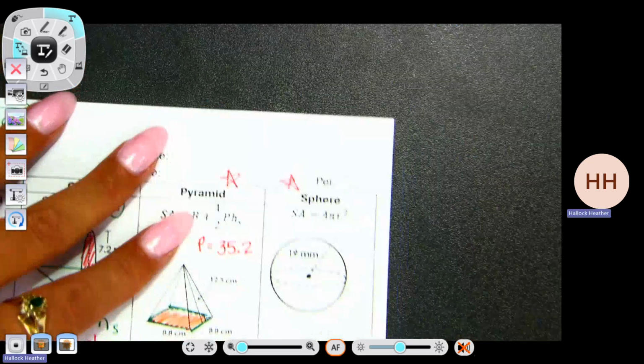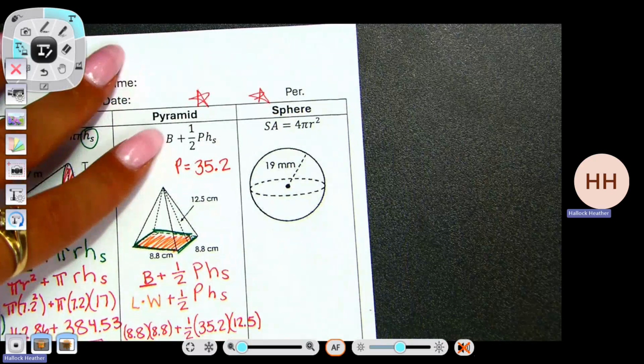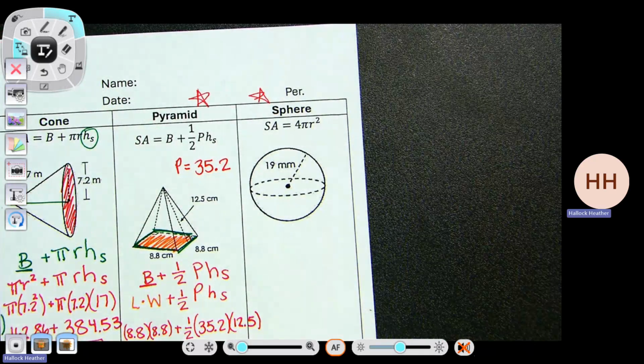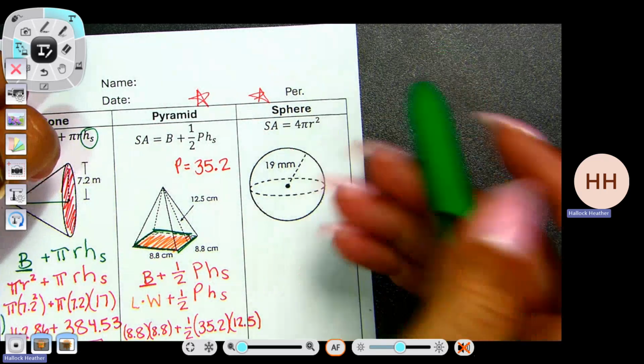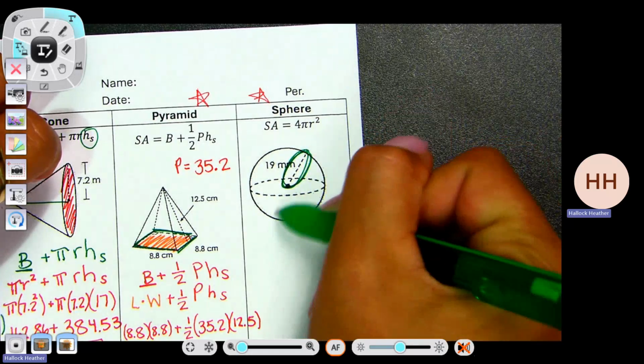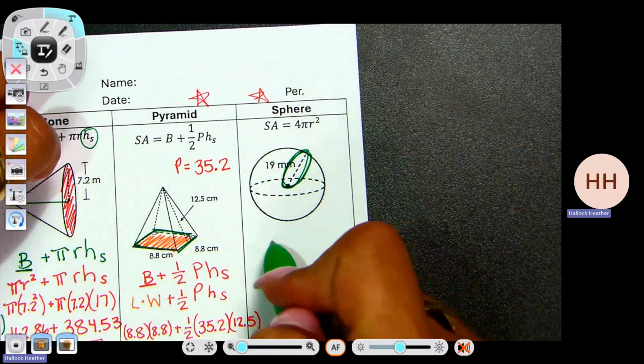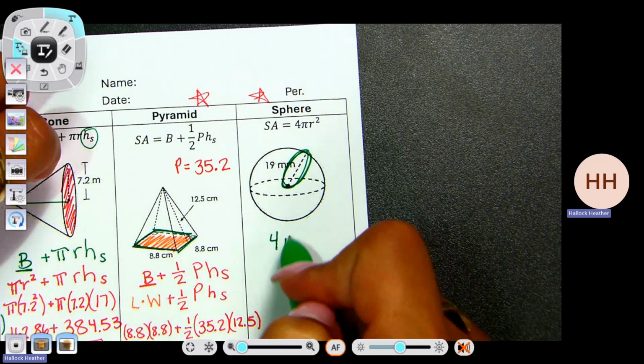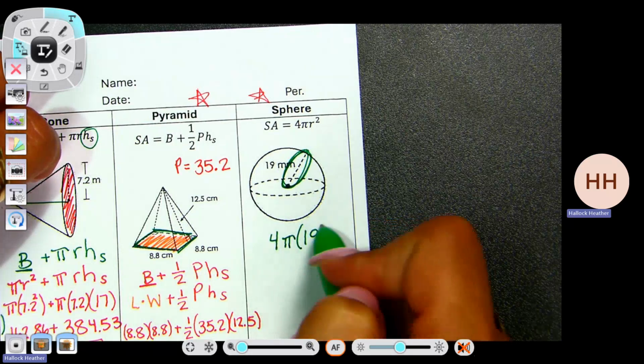Okay, the last shape is a sphere. This one is very easy. You're not replacing big B. You're not replacing the perimeter. You're just plugging in r, which is beautiful. So we have 4 pi r squared. My radius is always going to be half of the diameter. I'm given the radius, it's 19. So in a calculator, we're just doing 4 pi 19 squared.